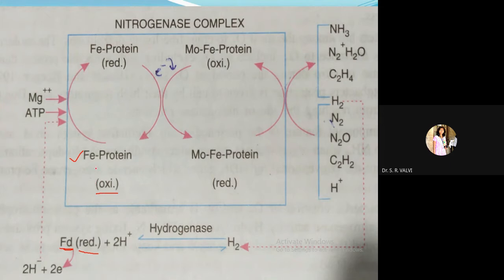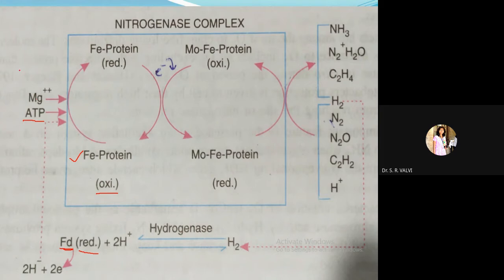Now, to carry out the nitrogenase reaction, it requires some energy. The energy is taken from ATP. We know that adenosine triphosphate is the energy containing molecule; it provides energy for the reactions going on within the cell. Now see Mg++.